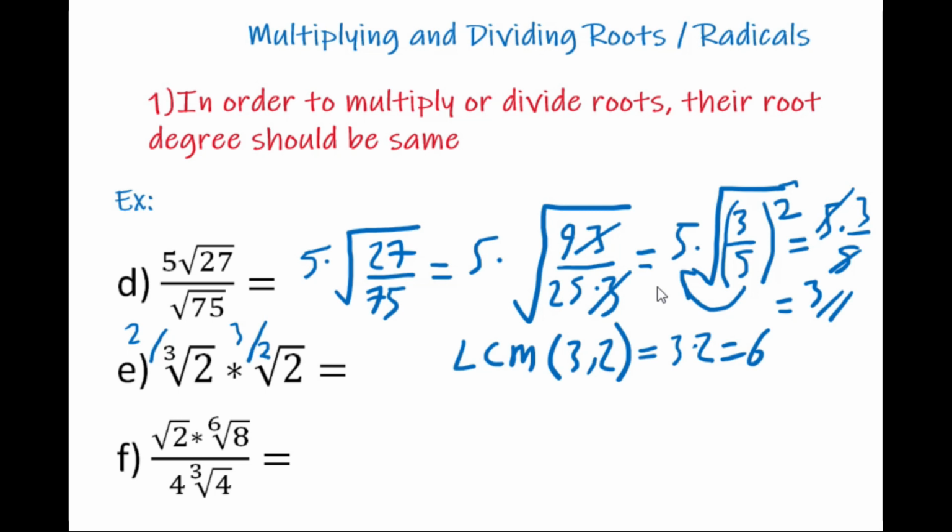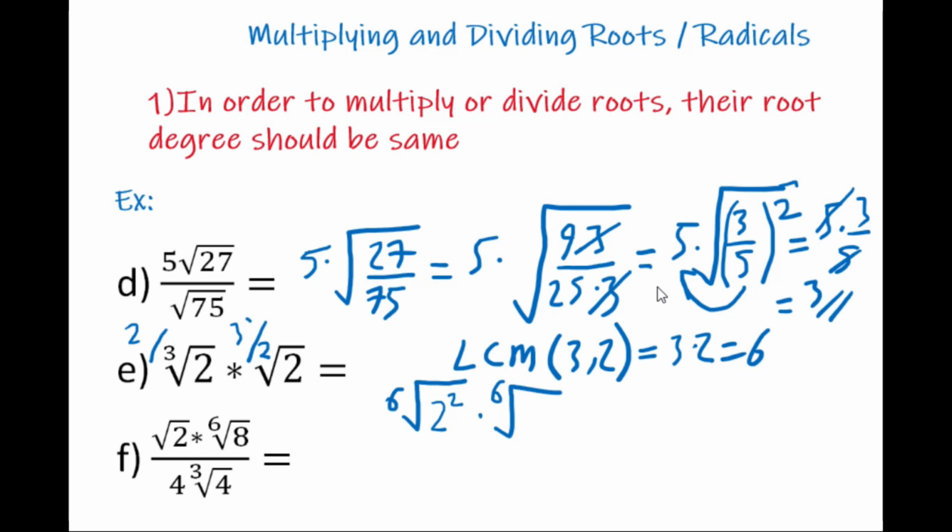While doing this, we need to be careful, because this is going to be equal to, guys, 2 times 3 is 6. So the 6th root of that 2 comes as a power to the 2 also. So it's going to be 2 to the power of 2 times the 6th degree of. Why? Because 3 times 2 is 6.